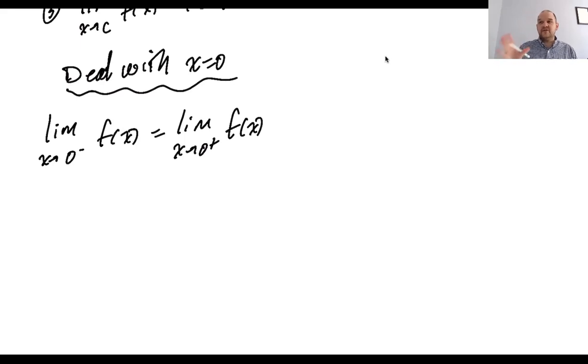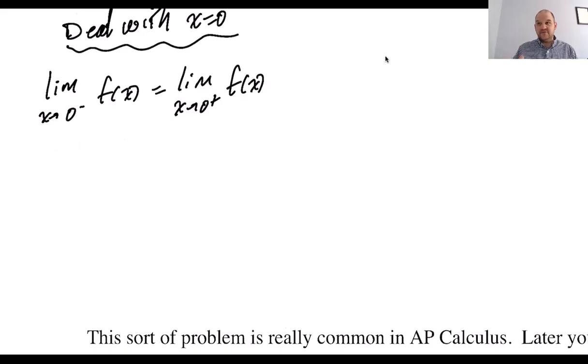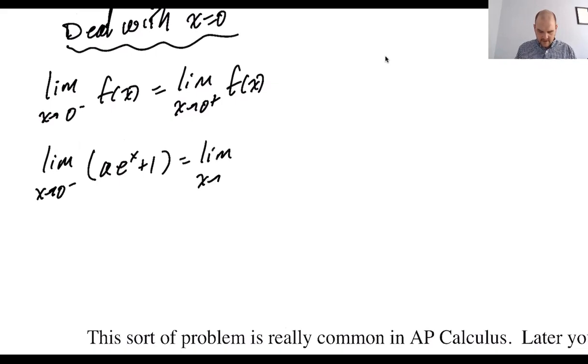If you look back at your definition, if I am to the left of 0, I'm supposed to use a e to the x plus 1. So the limit as x approaches 0 from the left of a e to the x plus 1 should be equal to the limit as x approaches 0 from the right of f of x, which immediately to the right of 0 is sine inverse of x over 2.